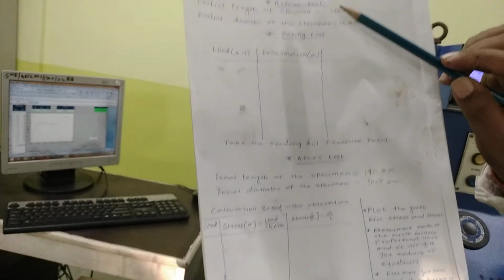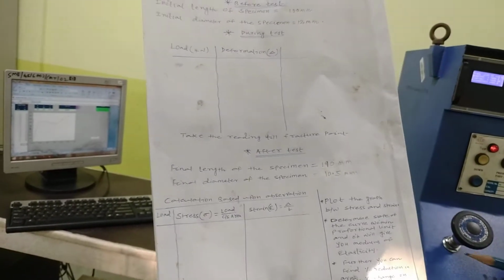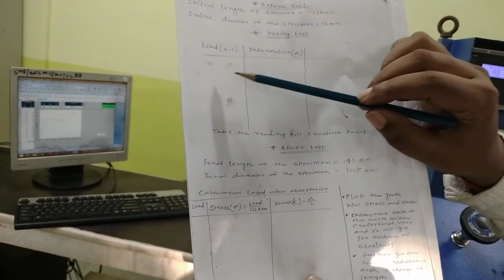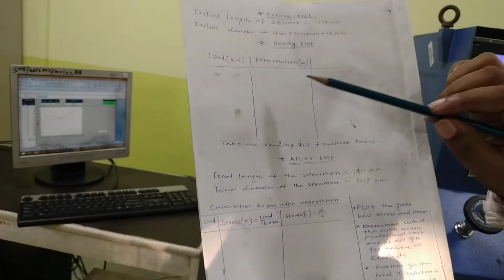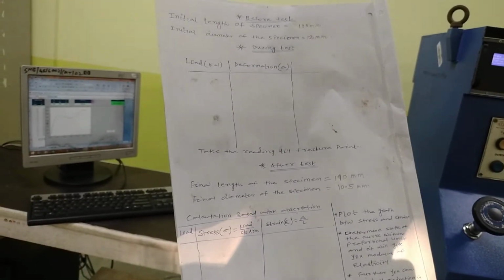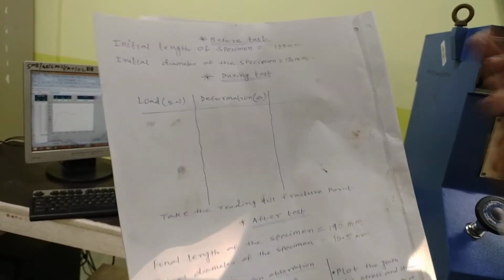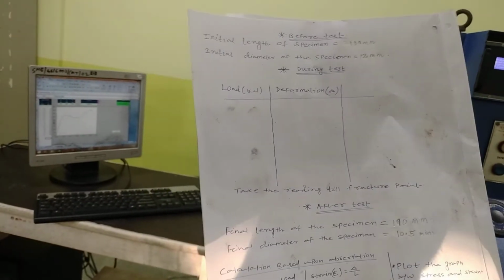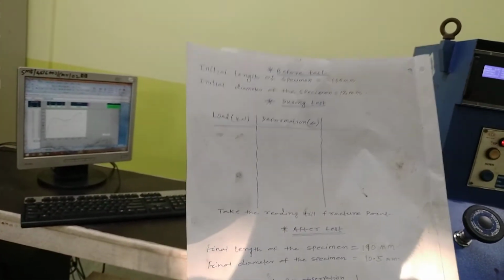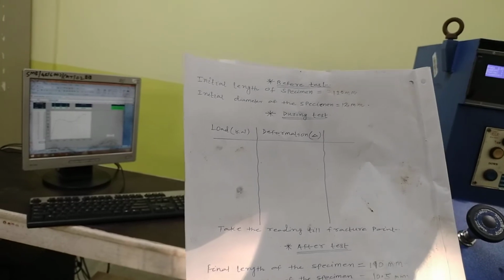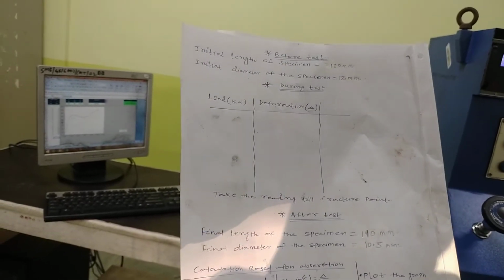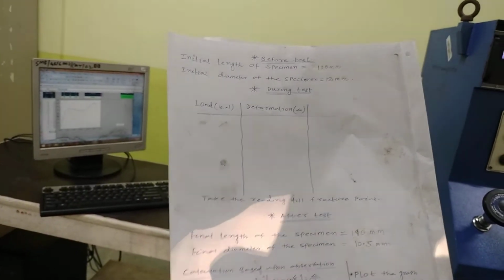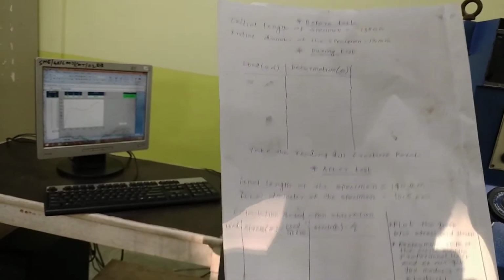We have the initial readings, we have the final readings. At each load we have the deformation data, meaning change in length. The computer is giving the reading because this UTM unit is fitted with an extensometer which gives all the readings corresponding to the applied load.